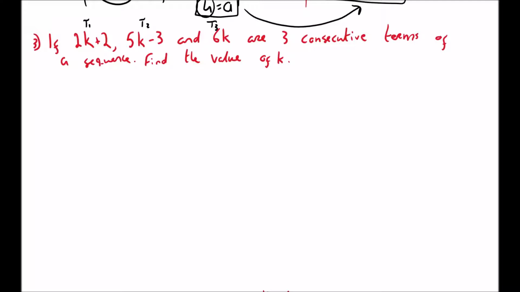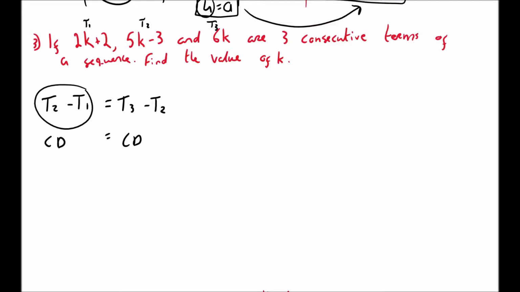Right. If that's the case, well, T2 minus T1, that would be one of the differences, that would be a common difference, must equal T3 minus T2. Okay, because we have the common difference here, and that will equal the common difference here. Okay.